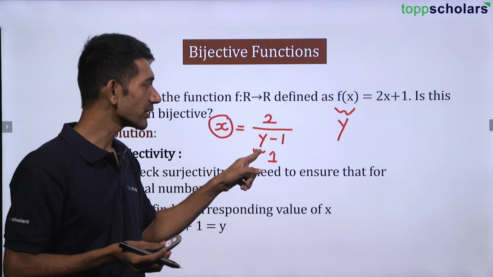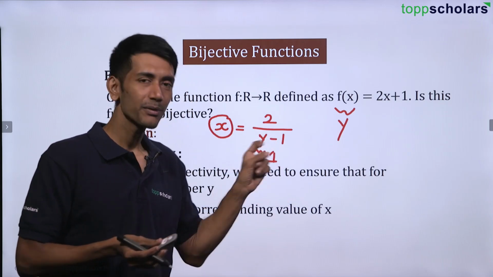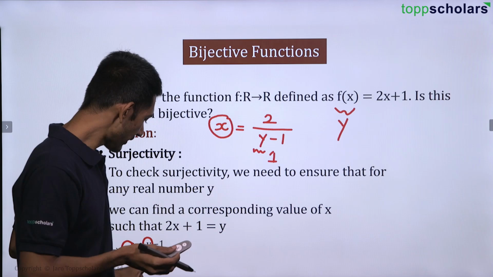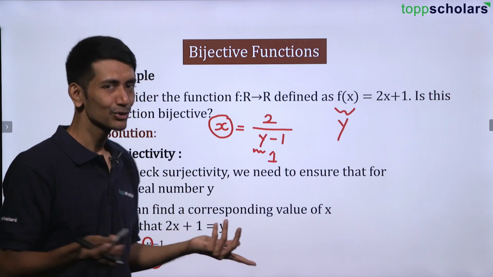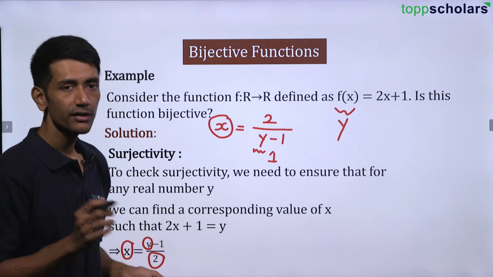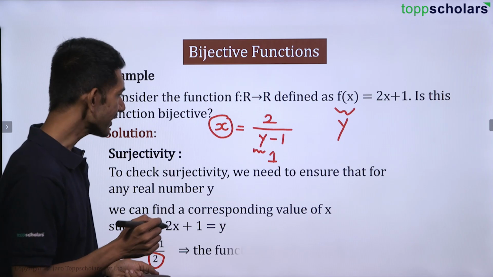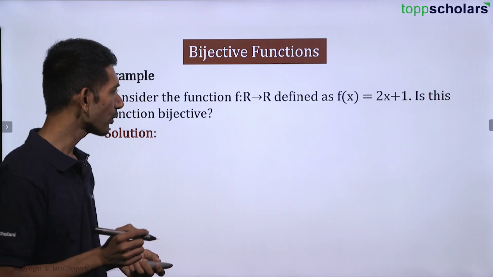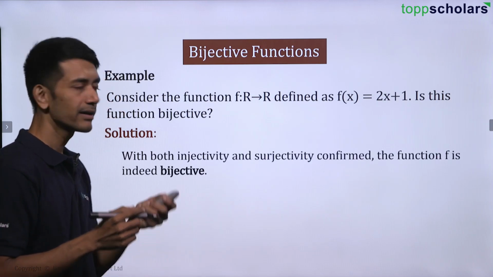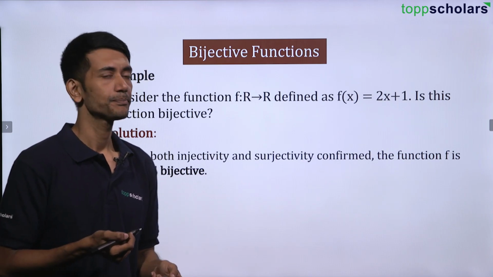So such a type of function will not be an onto function. This won't be surjective. But here, our denominator was 2, so no problem at all. Clearly we can say that this is a surjective function, and it was 1, 1 also. So because it is both, it is a bijective function. Clear? Let's continue.